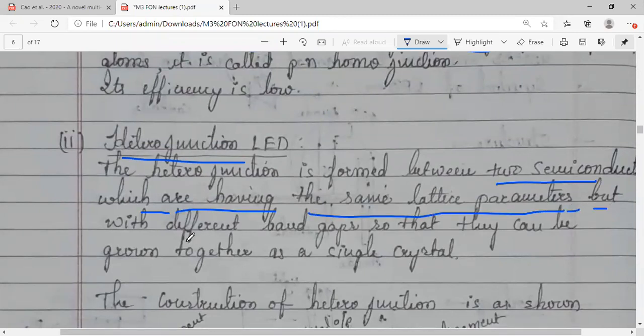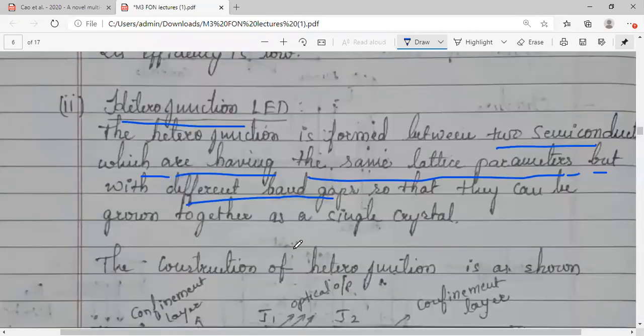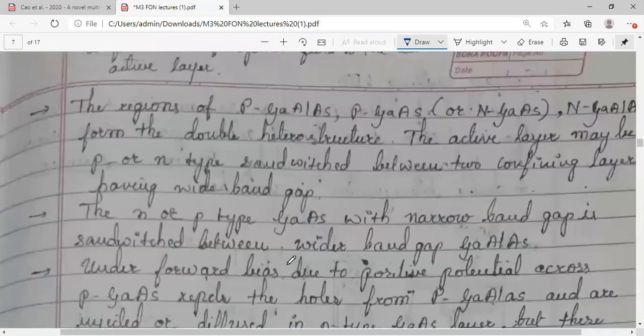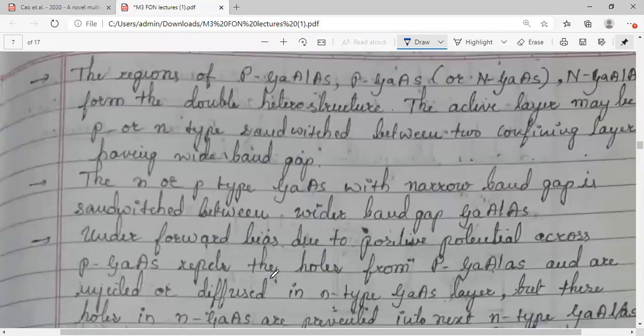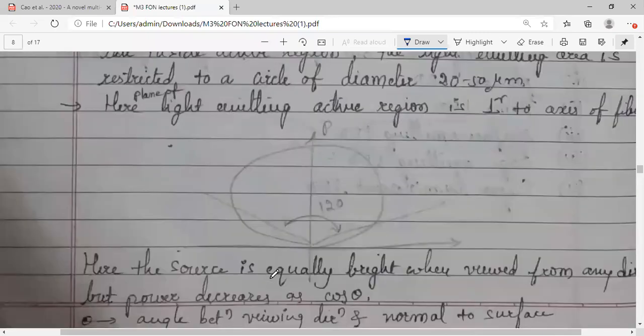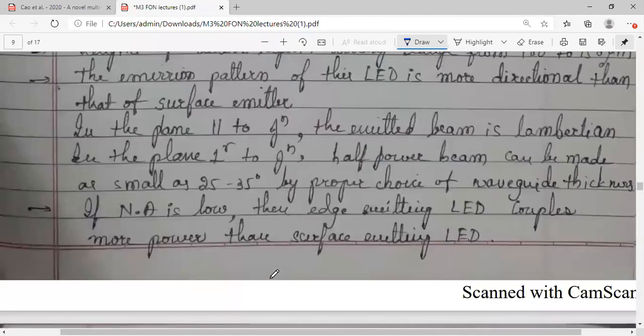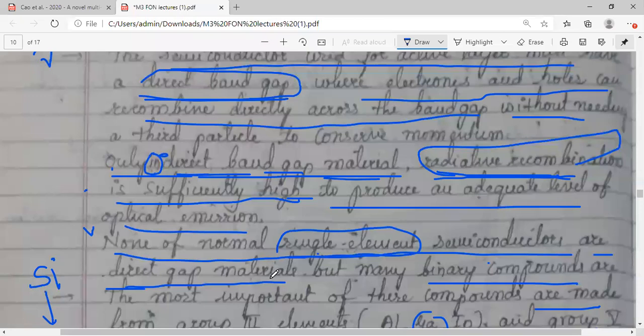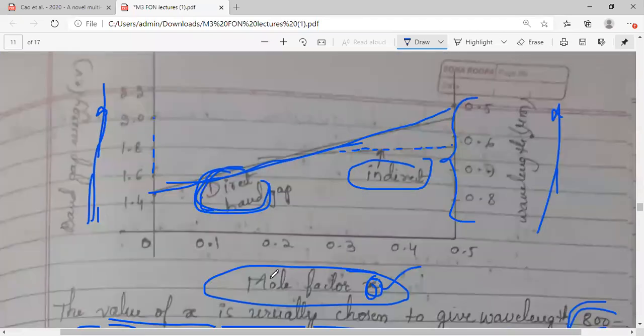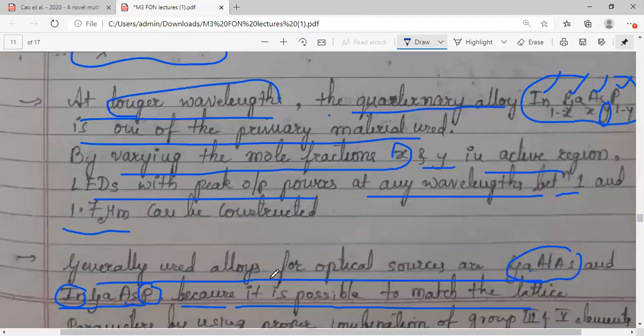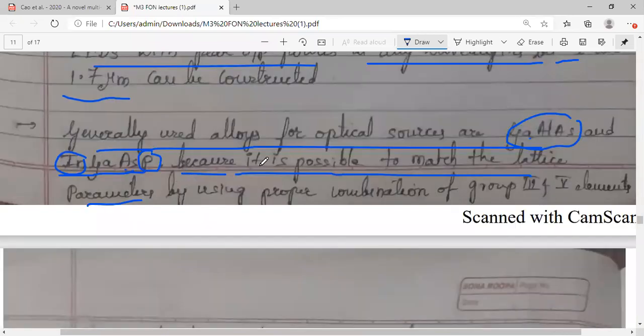The lattice parameter will remain the same, but the band gaps will differ. So the same lattice parameters are important to achieve in the case of a heterostructure. That's why I'm stressing why we are using two different materials. One is ternary, one is quaternary. If we use these two, it is possible for us to match the lattice. We can match the same lattice parameters, even though with these alloys we can have different band gaps.